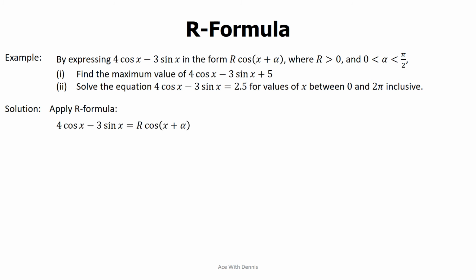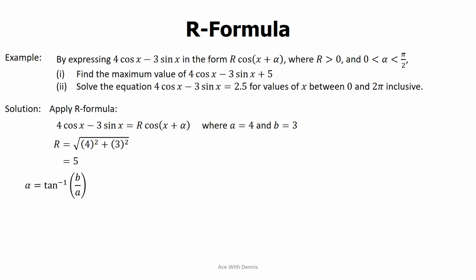We can apply the R formula. Now 4 cosine x minus 3 sine x equals r cosine bracket x plus alpha, where a equals 4 and b equals 3. So we can get the r value, which is square root of 4 square plus 3 square equals 5.